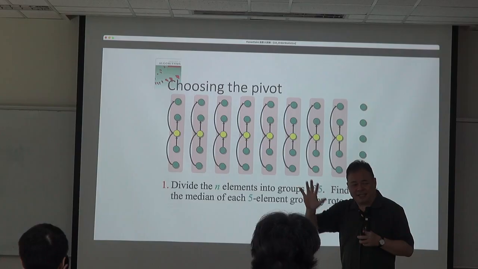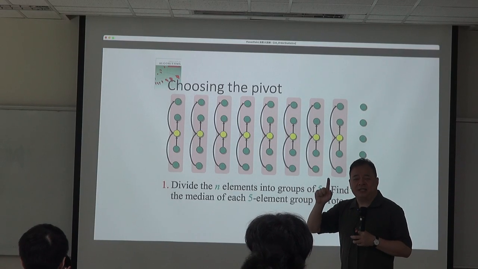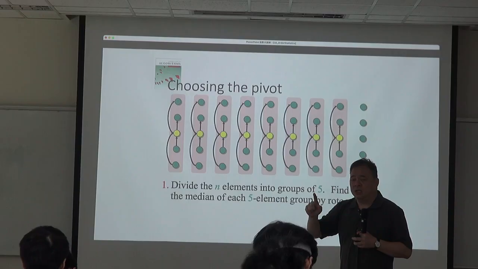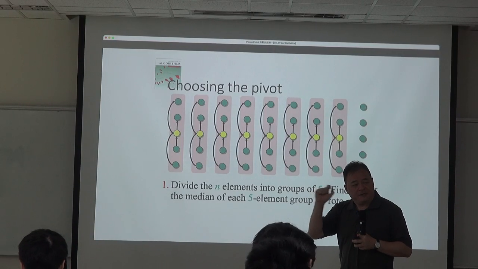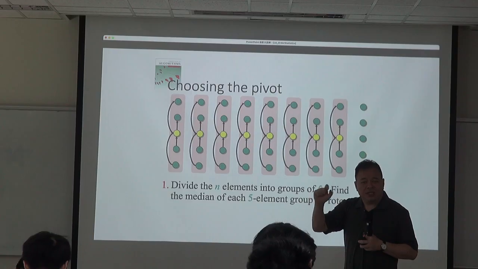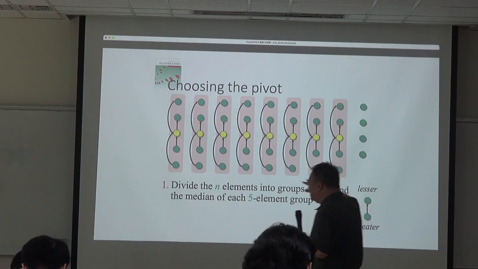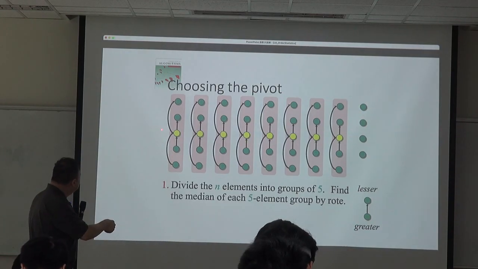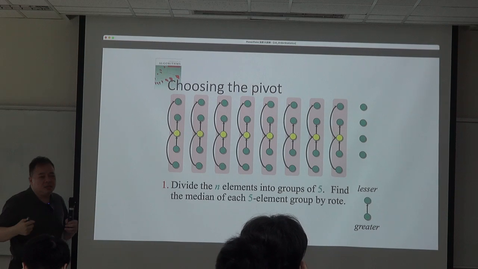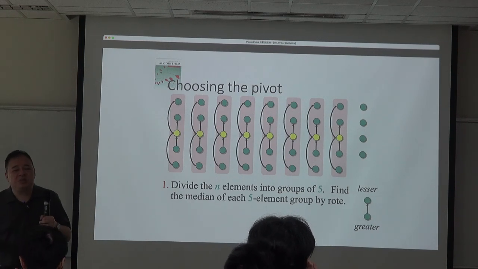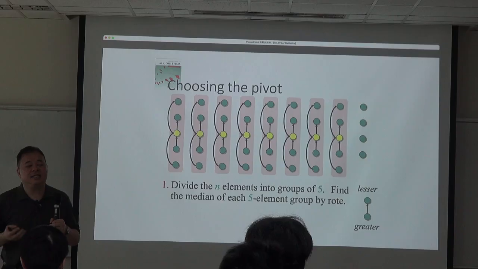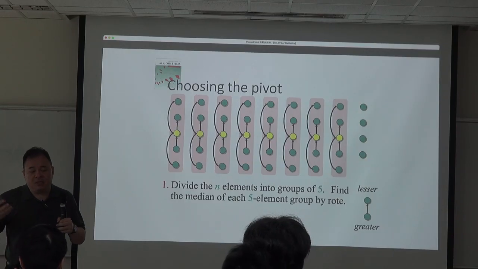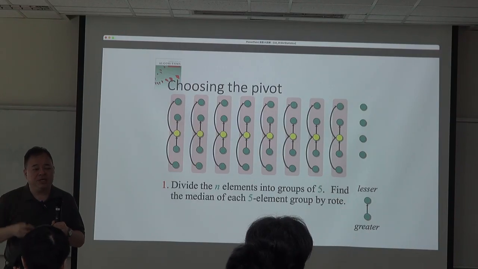The whole process here is to find that pivot, just one number. So the order of these 5 numbers doesn't matter. We show them sorted just because it's easier for our discussion. In reality, you only need to know which number is the median of each group.